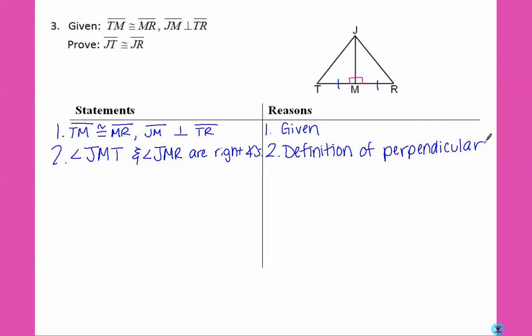Now, once again, we know that these sides are congruent. We know that these angles are congruent because they're both right angles. What else do we know that could help us prove these triangles are congruent? We can use the fact that JM is part of both triangles.